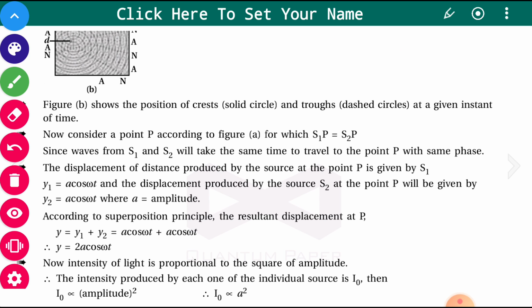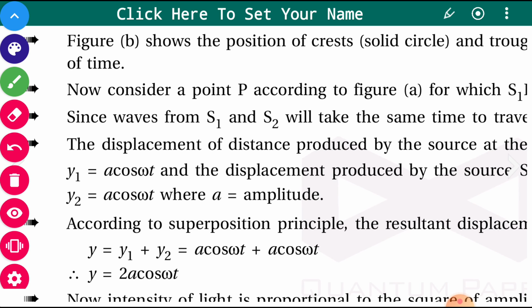The wave equation that we have studied in the 11th standard is y1 equal to a cos omega t, because both the pins are moving with the same phase and going inside the water by the same amount, so the amplitude of both the waves will also be the same.